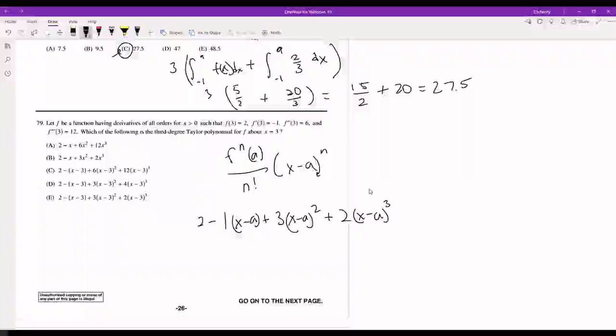Or x minus a should be, a is 3 in this case, so there we go. And so that one is, let's see, E it appears. Yeah. Okay, cool.